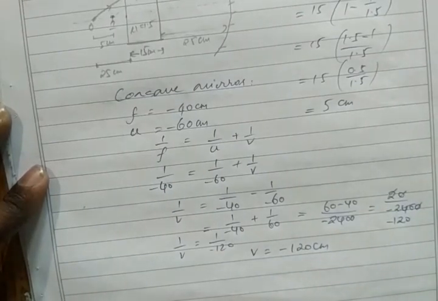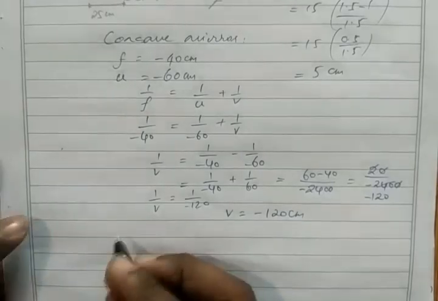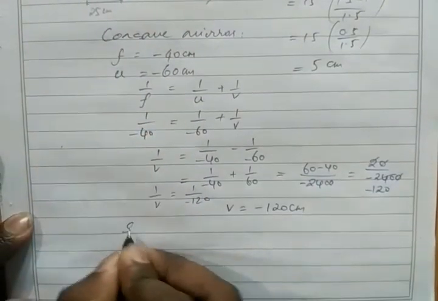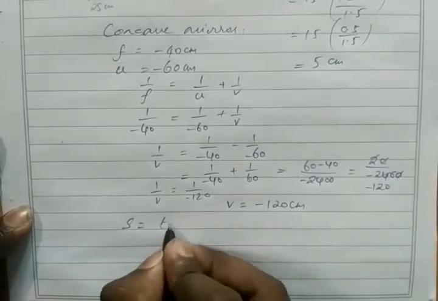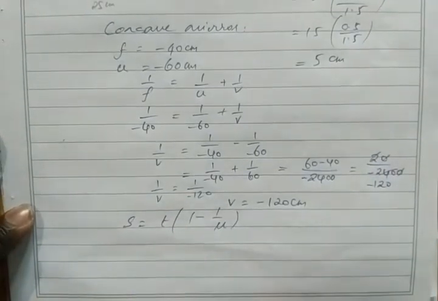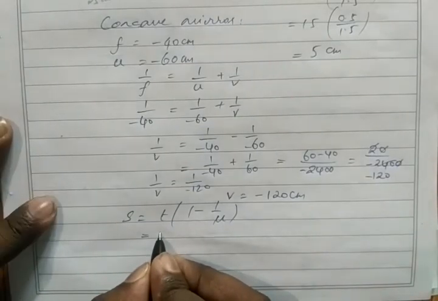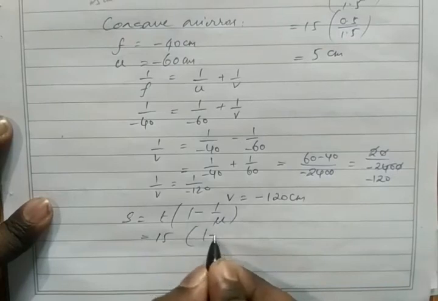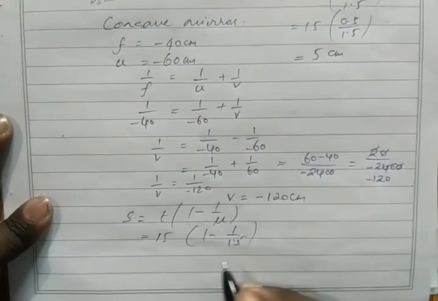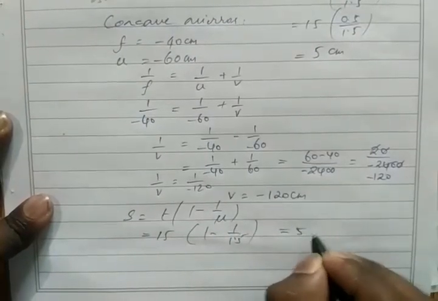So what is this v? This 120 is not our answer, but 120 is the image distance. So we have to add the lateral shift to it. For the shift formula, s equal to t times (1 minus 1 by mu). So 15, which I already found, 1 minus 1 by 1.5, which comes out to be 5 centimeter.